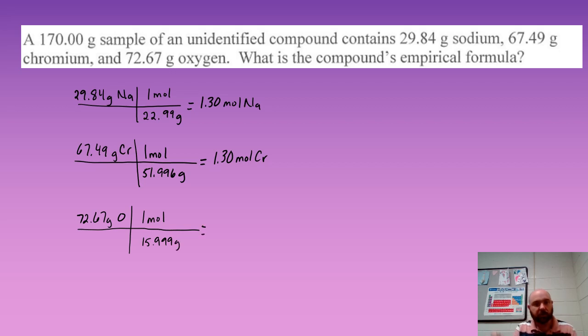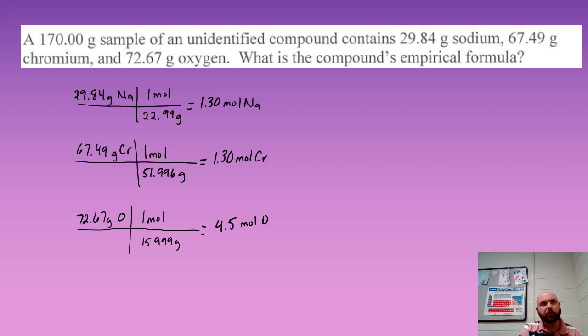And I can see from the conversion there, I should divide 72.67 by 15.999 for a total of 4.5 moles of oxygen. So now we know from our sample that we have 1.3 moles of sodium, 1.3 moles of chromium, and 4.5 moles of oxygen.